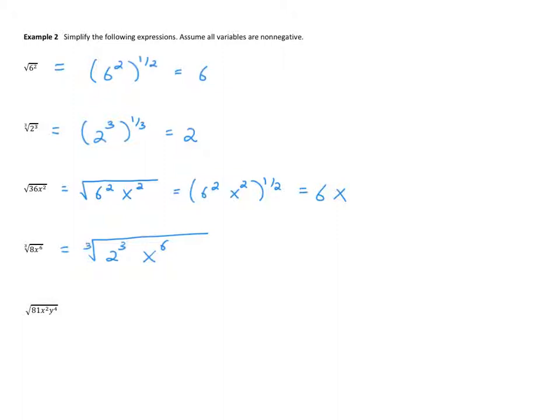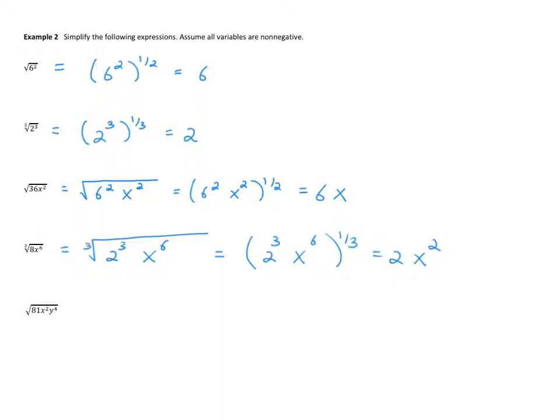For my next step, I'm going to write this as 2 cubed times x to the 6, all to the 1/3 power. This 1/3 is multiplied to both of these terms. 3 times a third is just 1, so 2 to the first, so I'll just put 2. And x to the 6th becomes x squared. So these are all pretty nice, and that's because the exponents that appear are divisible by the root, so they eventually just cancel at the very end.